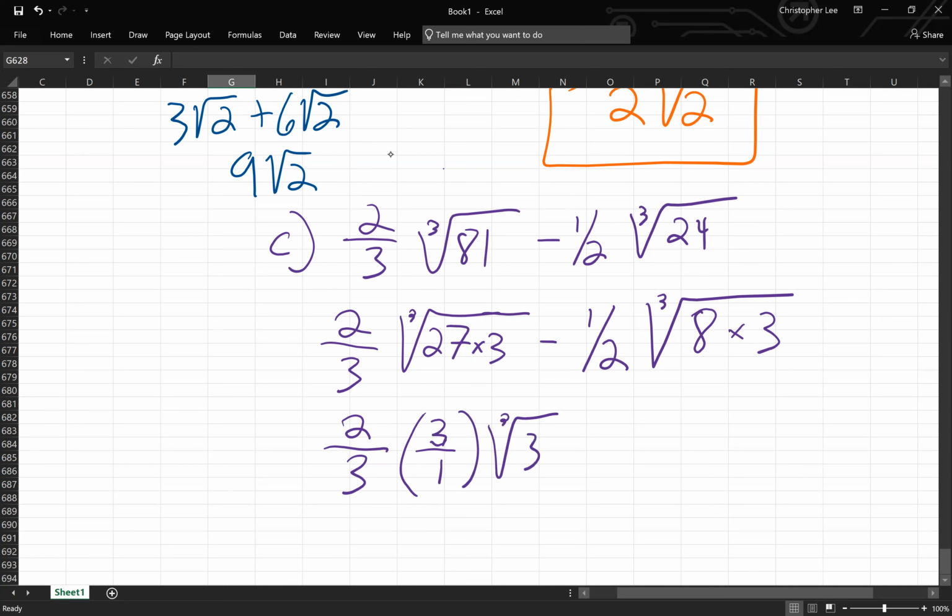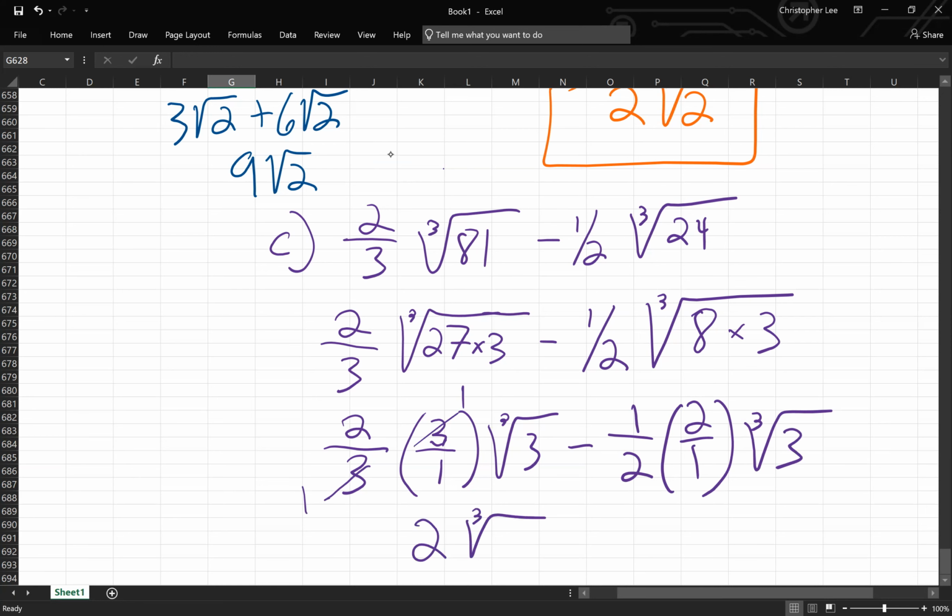Cube root of 3 minus 1/2. Cube root of 8 is what? 2/1 times cube root of 3. Do a little multiplication on these. Question. 6 is not a perfect cube, no. And that would be what, 6 times 4, I think?